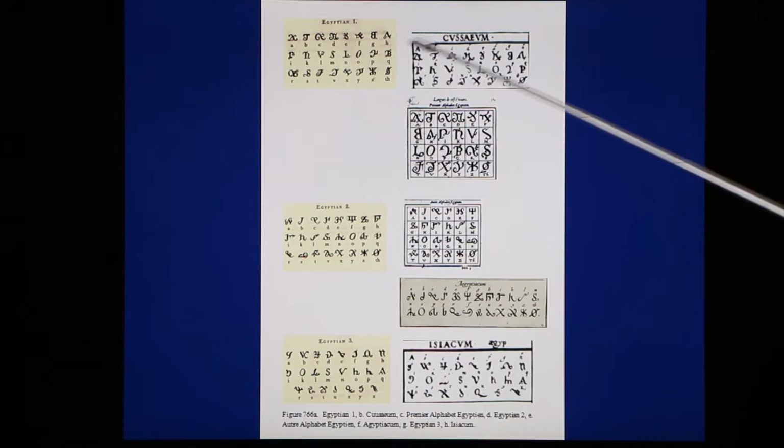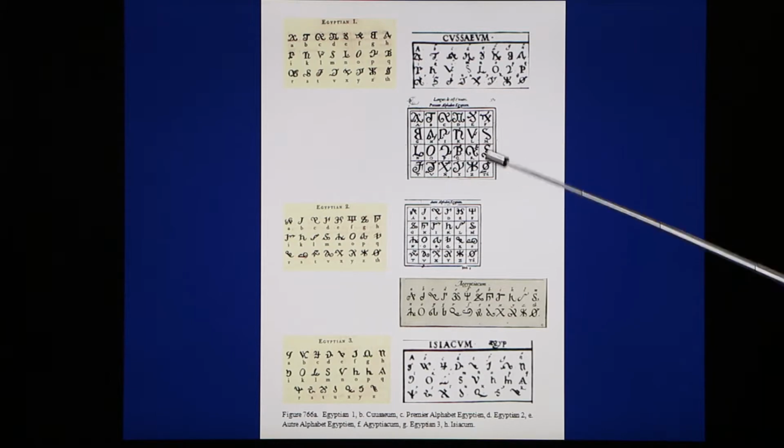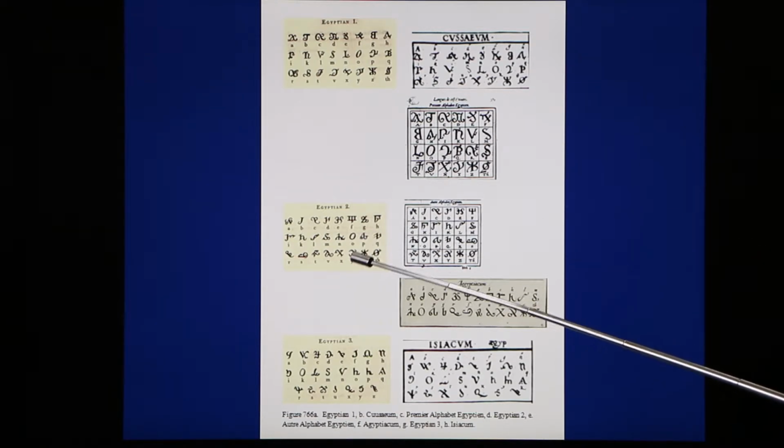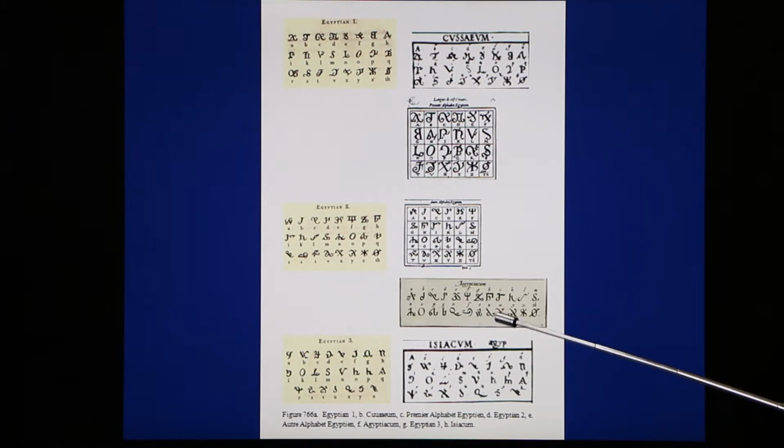Or here, Egyptian 1 and Kuseum, or the first Egyptian alphabet, Egyptian 2 and another Egyptian alphabet, that becomes Egypticum. Egyptian 3 becomes Isaicum, which is the language, the alphabet of Isis, the goddess that is, and not the terrorists.